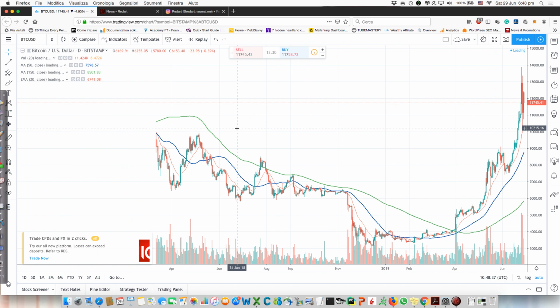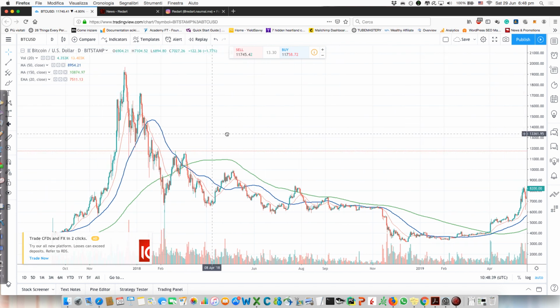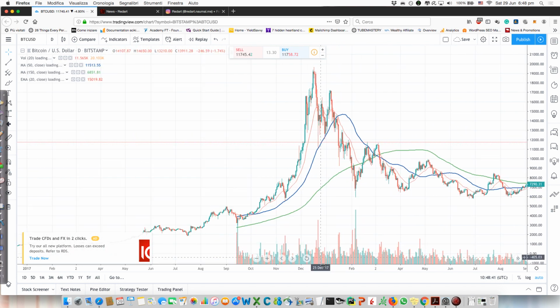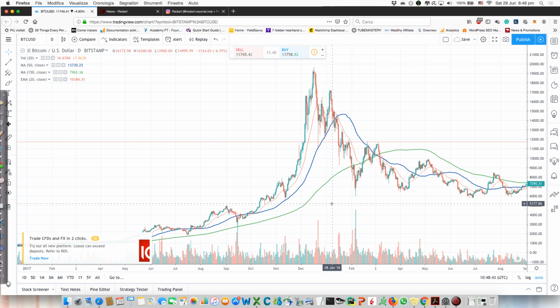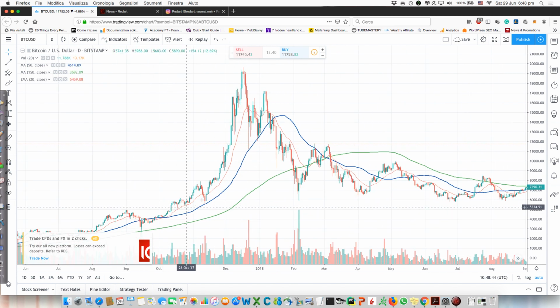So let's have a look first at this. You probably remember what happened at the end of 2018. There was this huge increase in price till this level, that is around 20,000, and then the price dropped. And if you look here, we were in a clear uptrend, of course, but notice what happened.